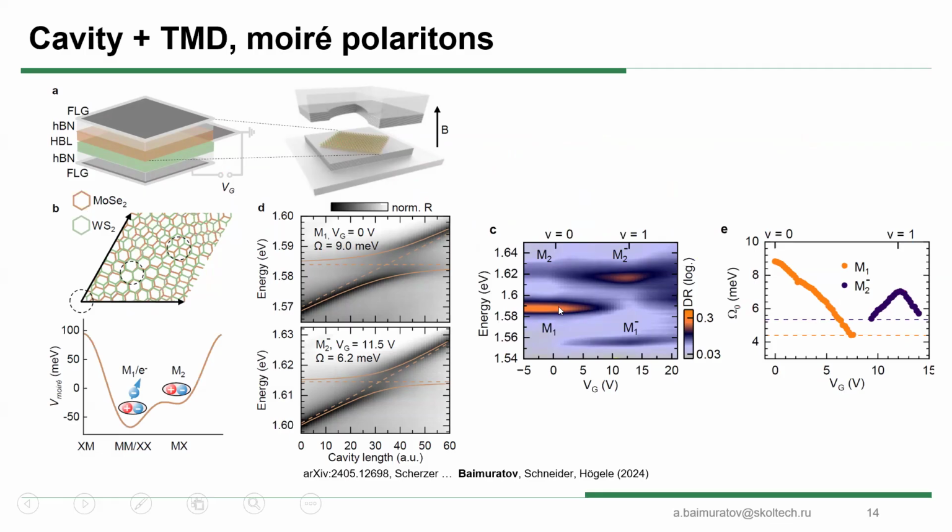You have this repulsive polaron or trion, and all the oscillator strength goes to the M1 minus. At one moment, it disappears completely and starts to be off resonant with the cavity mode. It loses completely oscillator strength.